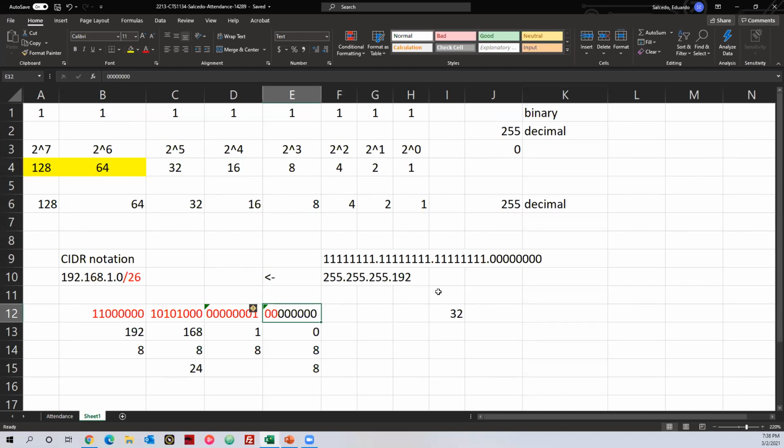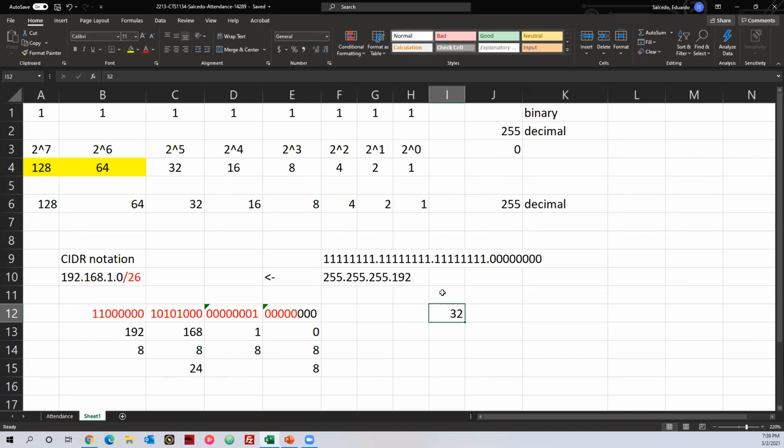So this would become, all the red would be network section and the black would be the host. Now, I won't be using 15 of those, but I would have to create them nonetheless.